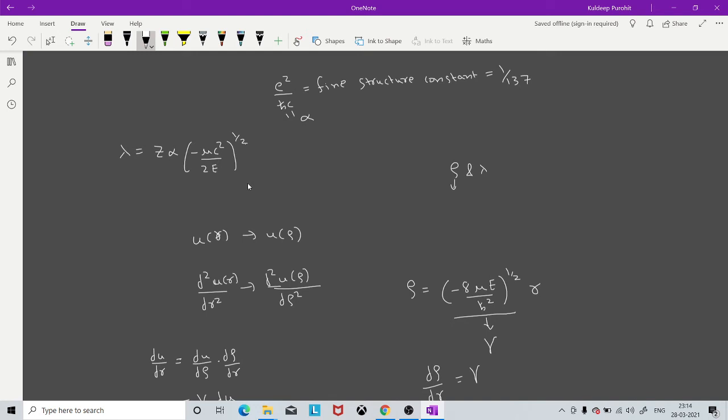So here itself you can see that since lambda is equal to n, n is equal to z alpha by (minus mu c square by 2E) raised to 1 by 2.